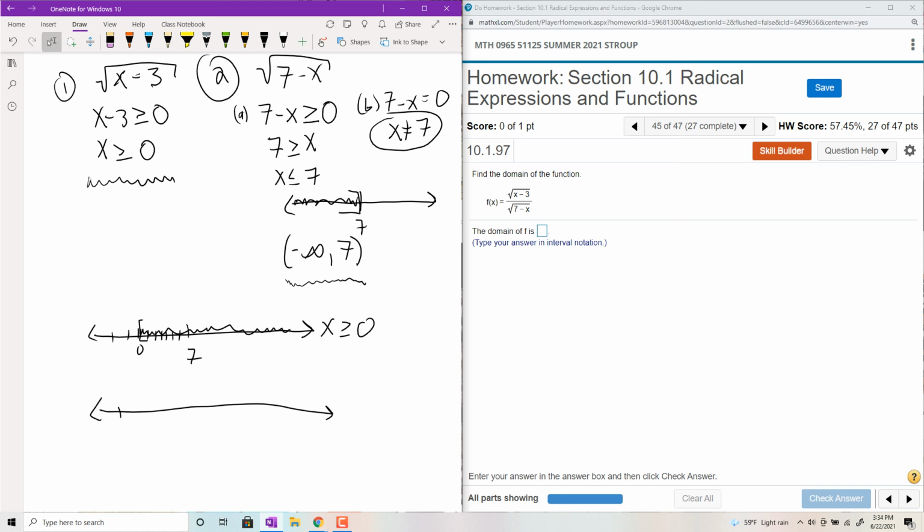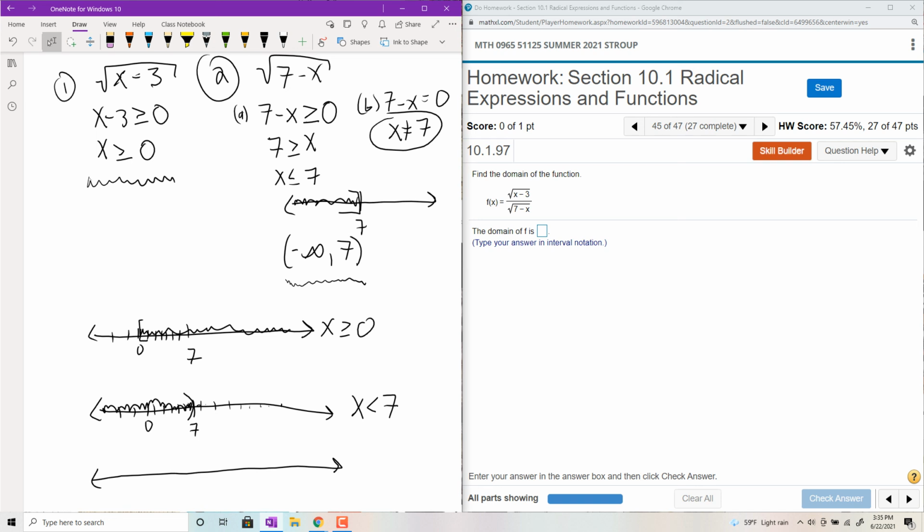And then down here, I try to make them match, and I need everything strictly less than 7. So that would look like this. Then I take anything that's in both intervals, and that's going to be your domain. Those numbers will work.